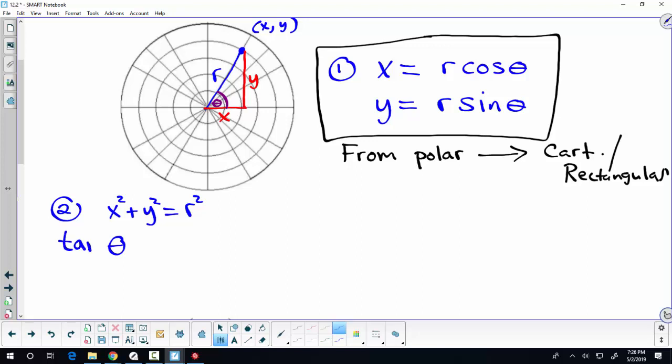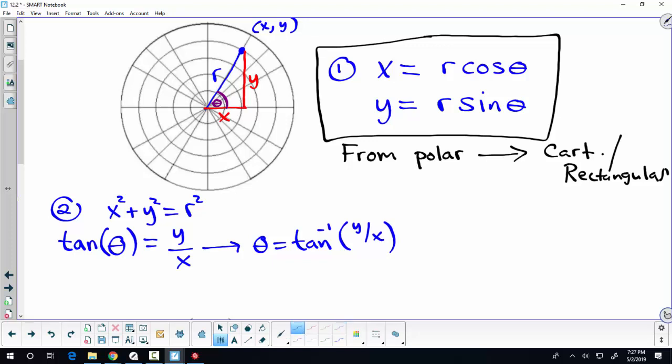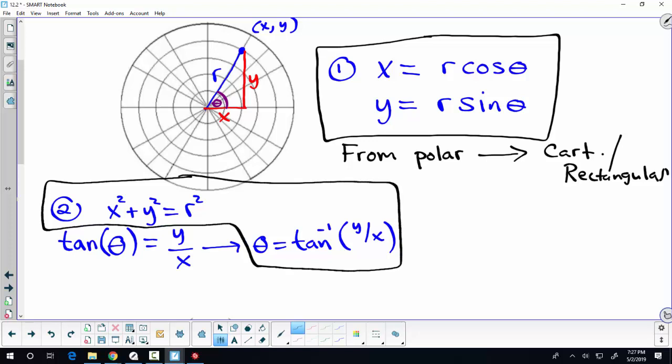The tangent of theta is y over x. So in order to get theta, we have the inverse tangent of y over x. Look at these two. This allows us to go from rectangular to polar.